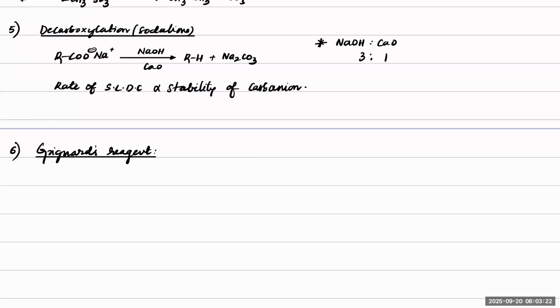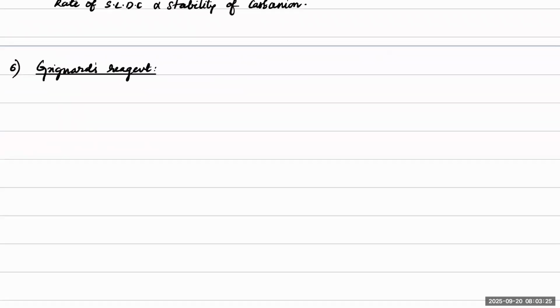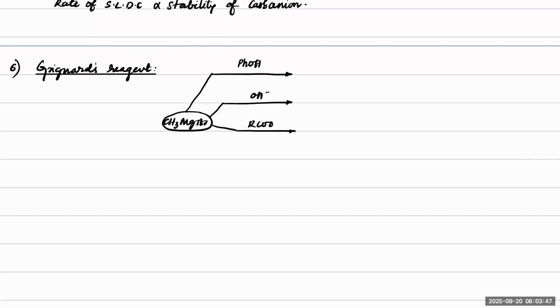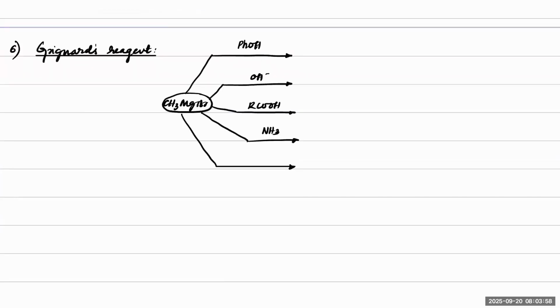It will happen via an acid-base kind of reaction. So if you have CH3MgBr, CH3MgBr can produce alkane as long as sufficient protons are available, like if you treat with phenol, if you treat with OH minus, if you treat with acid RCOOH, if you treat with ammonia, and next, if we treat with alcohol ROH.